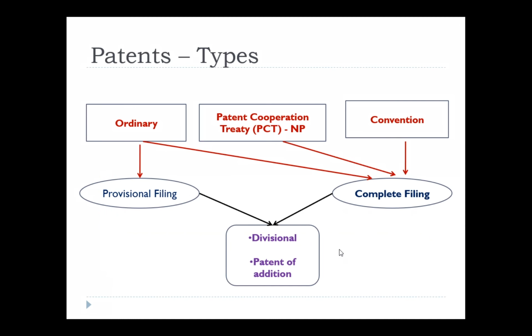Let us discuss the basics of the ordinary application. An ordinary application is the one which we file for the first time in the host country. For us, it means you are filing the patent for the first time in India.